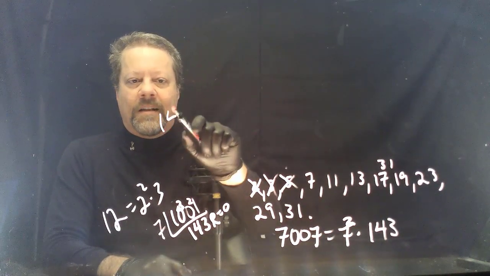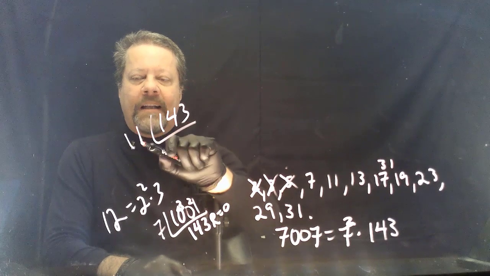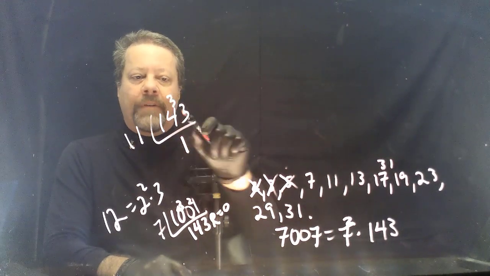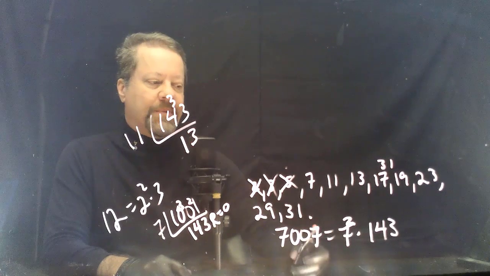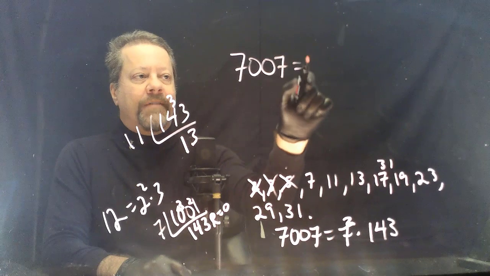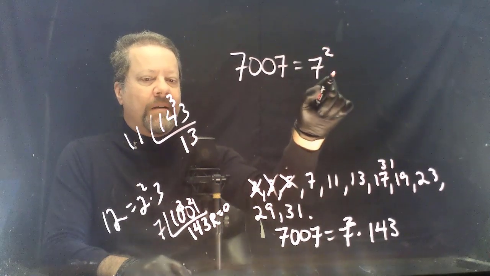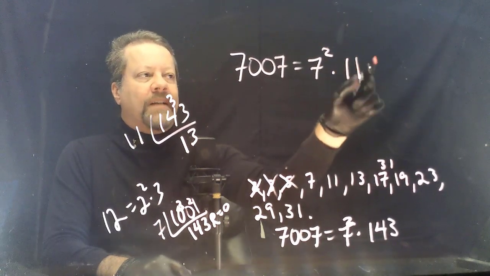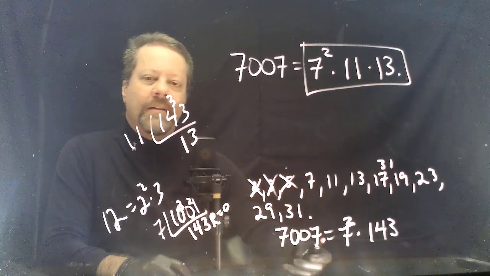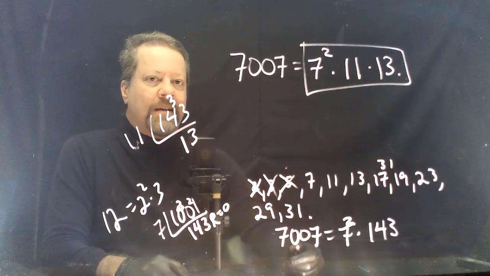So let's look at 143 divided by 11. 11 goes into 14 once with a remainder of 3, and 11 goes into 33 3 times. We now see that 7007 is 7 squared times 11 times 13. And this is the prime factorization of 7007.